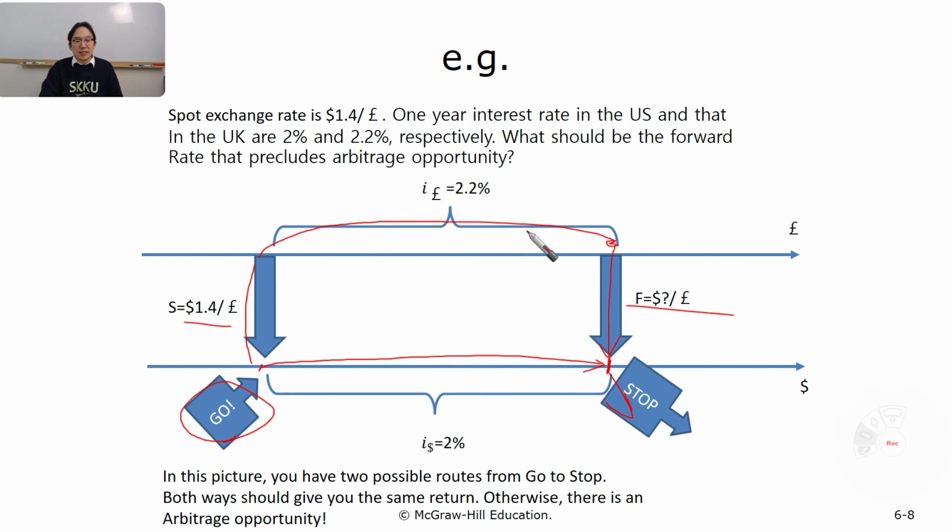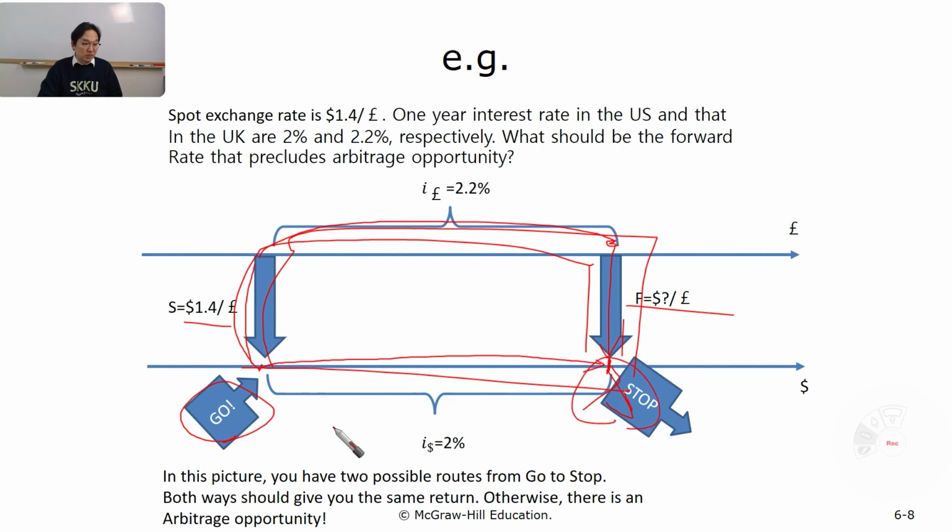So this is the second way. The first way and second way, you should end up with the same amount of money. That's the idea. You should be indifferent. Convert first into British pound, invest in Britain, and then convert back to US dollar, and you should end up with the same amount of money as in the first one.